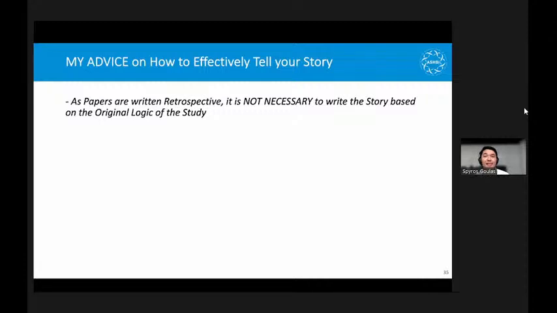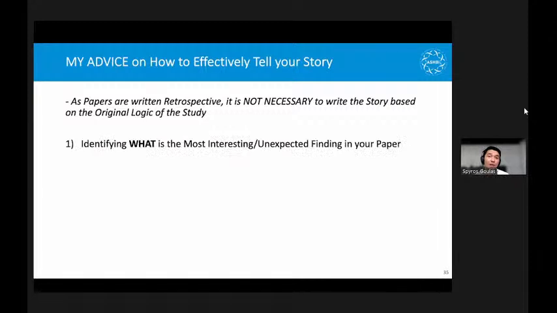This actually means that it does not necessarily need to follow the original logic of your paper. So all you need to do is follow the logic that makes the most sense to you. Furthermore, unlike a conventional story, where the author must write the material to build up to the climax, you already know the climax of your story, so use this to your advantage.